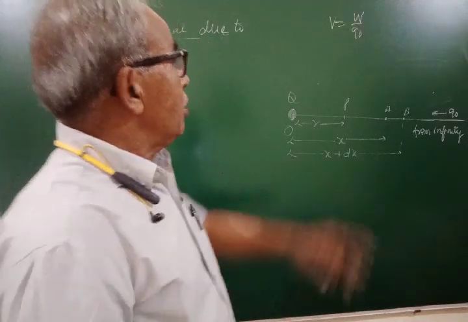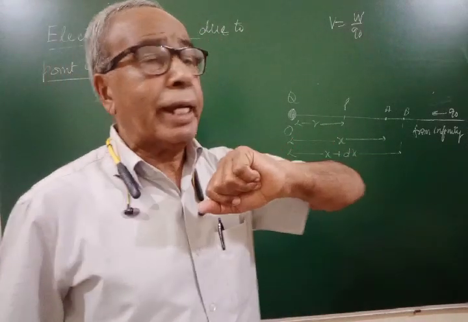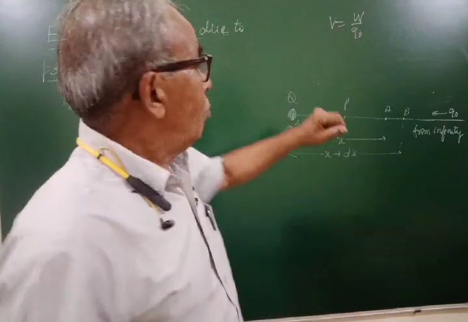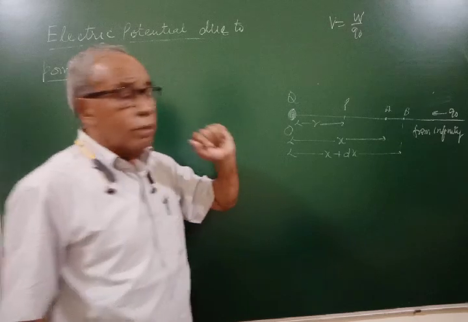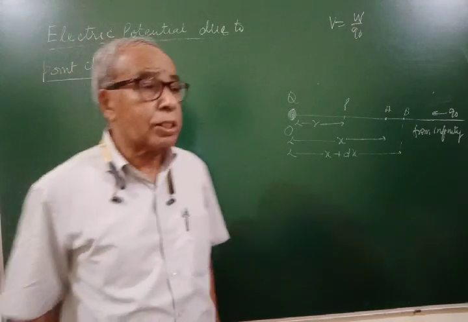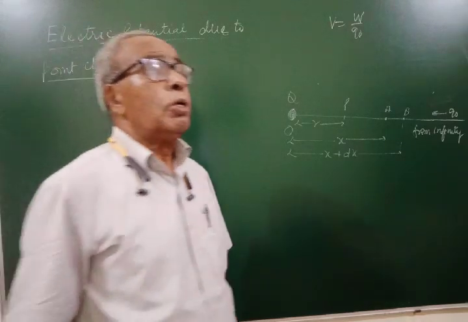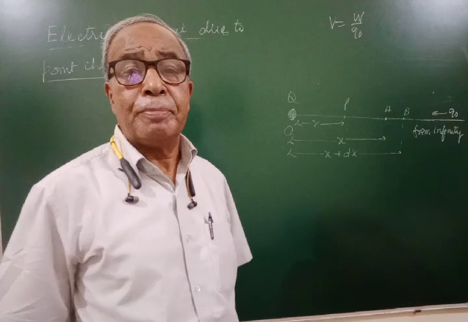If potential at P is 1 volt, it means 1 joule of work has been done carrying 1 coulomb charge from infinity to P. And remember that work is scalar, charge is scalar, so potential is also scalar.